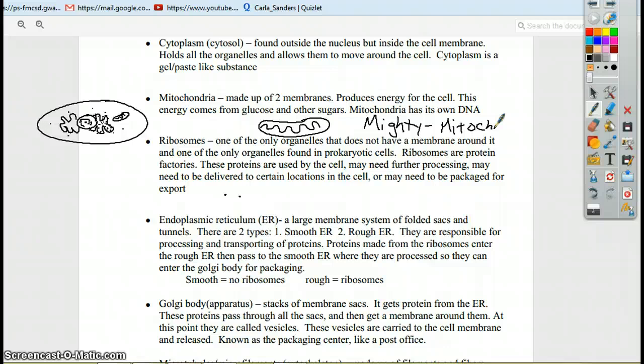It's kind of like the post office. And it kind of looks like a stack of pancakes with syrup coming off of it. So here's our Golgis. And there's the blobs of syrup coming off. These blobs are known as vesicles, which are packaged proteins.